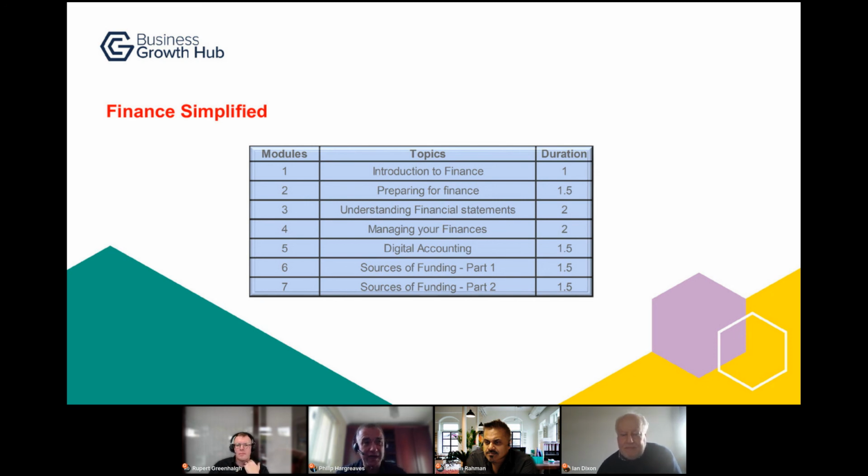Understanding financial statements is a key aspect, and Shalim talked about that in detail. How to manage your finance, the impact of digital accounting, which again Shalim talked about, and then core aspects of what the sources of funding look like and how you can access those, whether it's debt finance, whether it's equity finance, as part of your funding strategy.